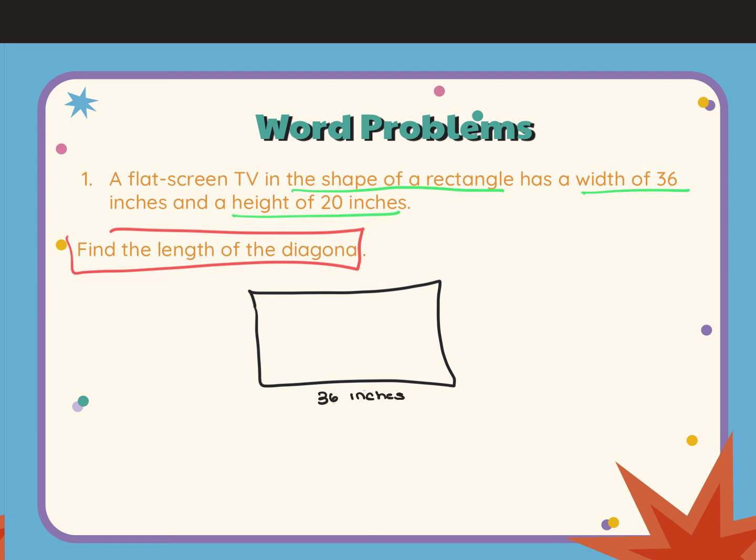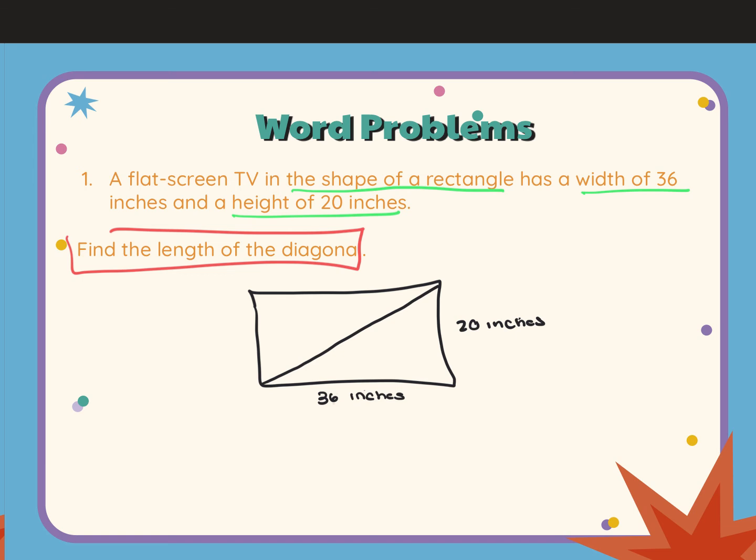And the height is going to be 20 inches. Not minutes, inches. All right, they want us to find the length of the diagonal.